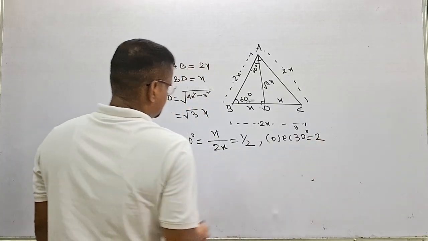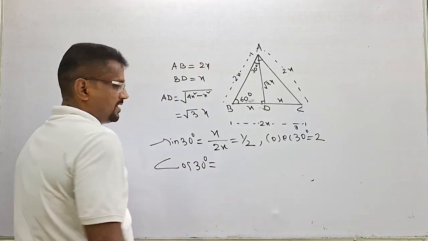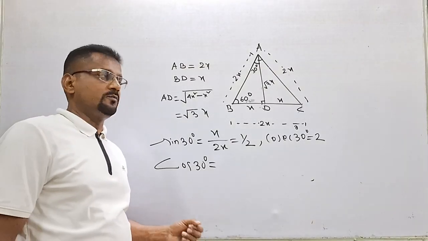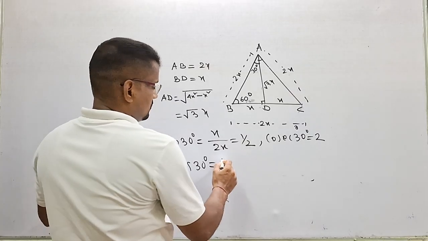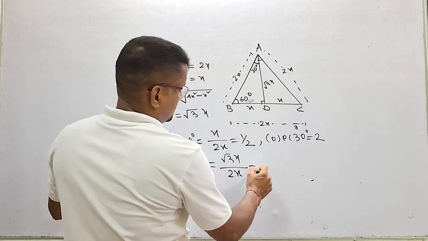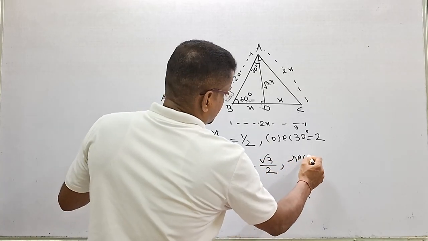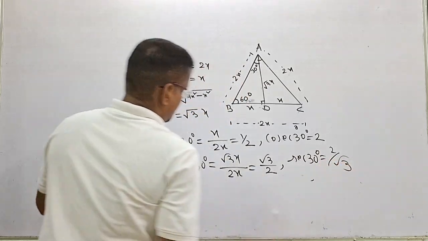It is your 2. Cos 30, let us write, is base by hypotenuse. So with respect to 30, AD is the base. So root 3x, hypotenuse as it is 2x. That's your root 3 by 2. And from here you can write sec of 30 degree. That is your 2 by root 3.